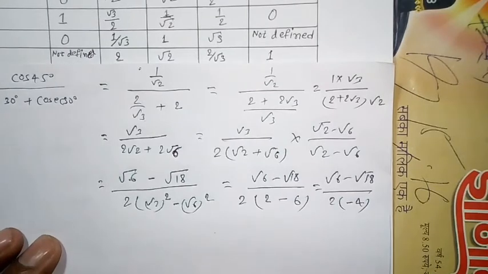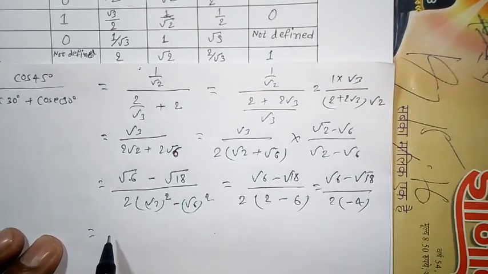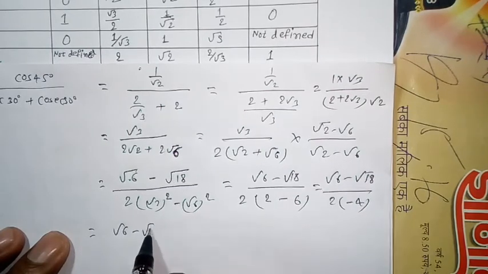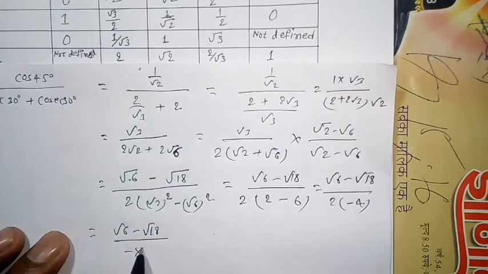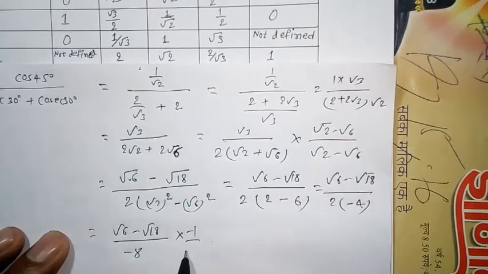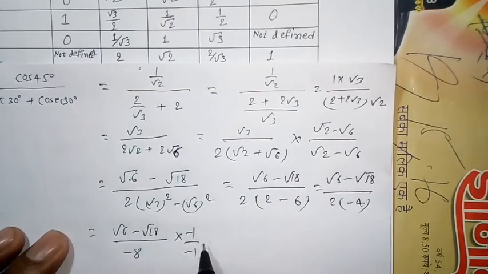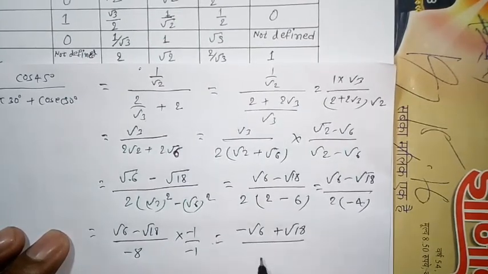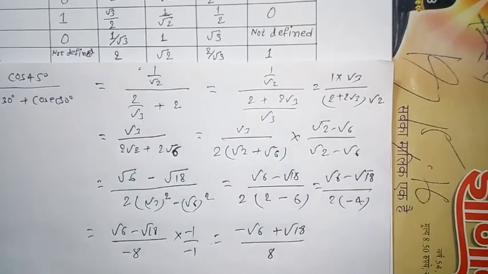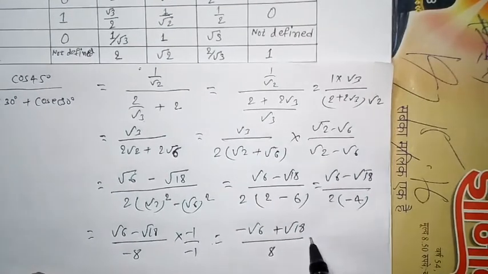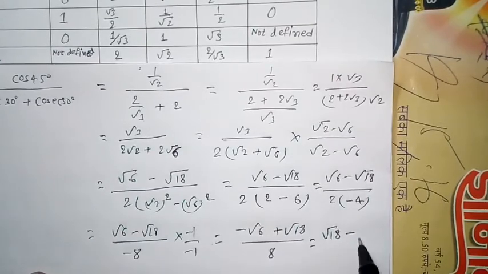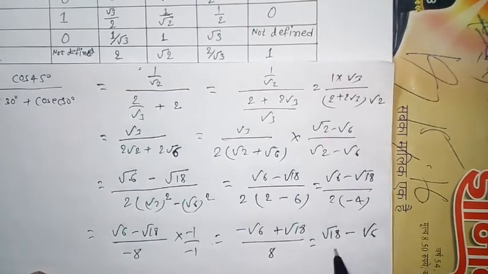Okay, is equal to, I am multiplying root 6 minus root 18 by minus 8, multiplying minus 1 in numerator and also in denominator. Then multiplying minus 1, I get minus root 6 plus root 18 by 8. Okay, is equal to, arranging, root under 18 minus root under 6 by 8.